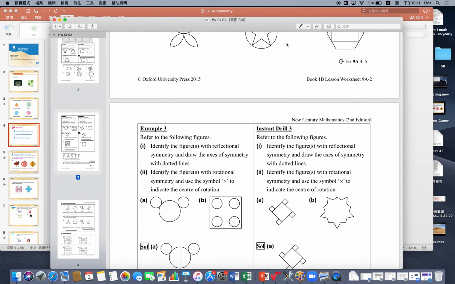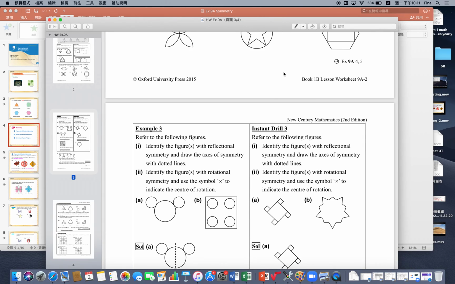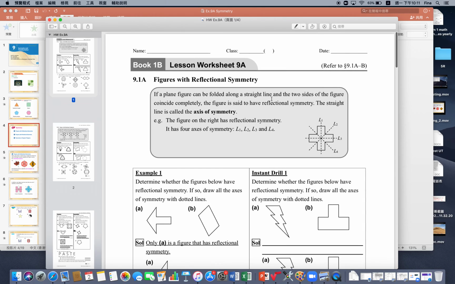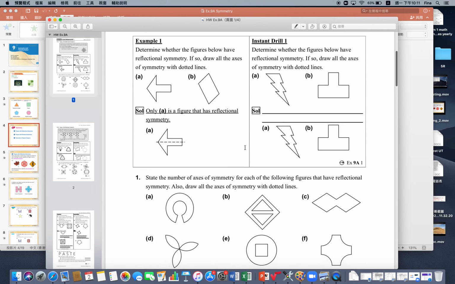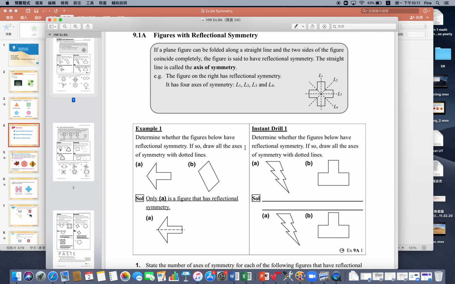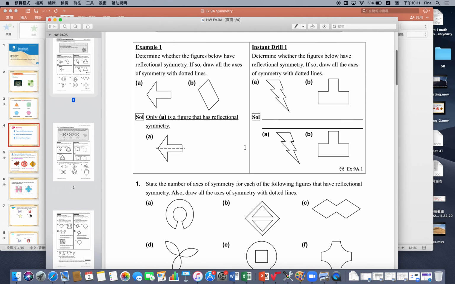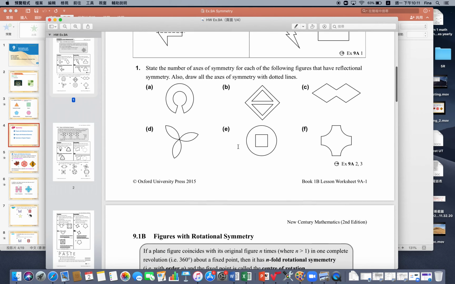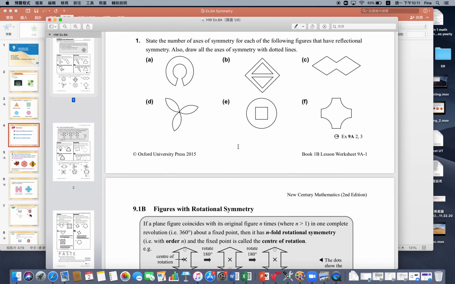For this assignment, you had better print out the lesson worksheet, or if you have the math book, just do all the exercises in the math book, because you need to draw quite a lot in this exercise. It's more convenient to do it in your math book, and then just take a photo of the math book and upload your homework in Google Classroom.